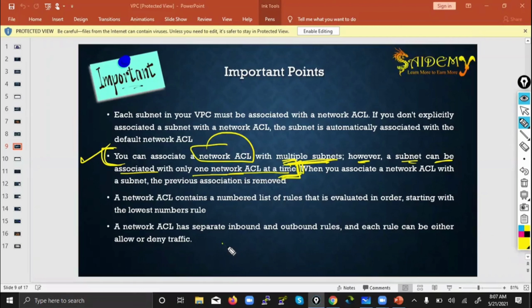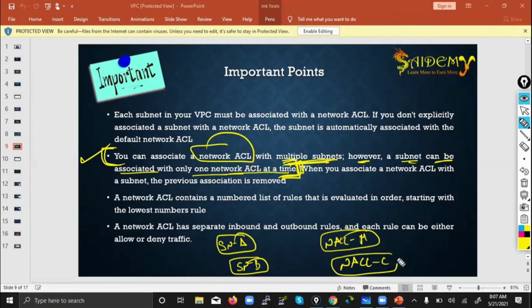So let me draw a diagram, then you will understand. Let's say I have subnet A, subnet B, and I have one main NACL, and I have created a custom NACL. What they are saying is you can associate a NACL with multiple subnets. That means one NACL can be attached to any number of subnets.